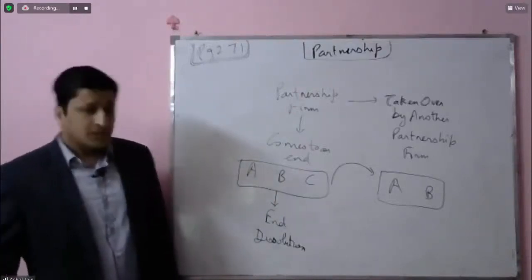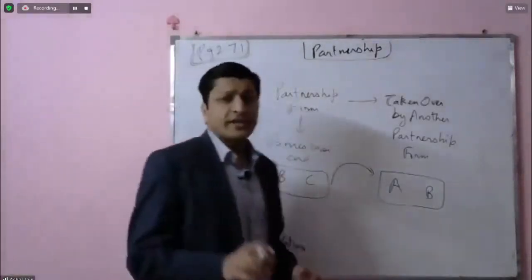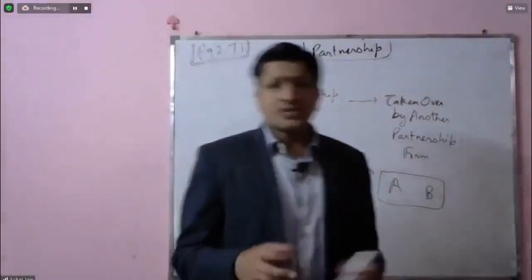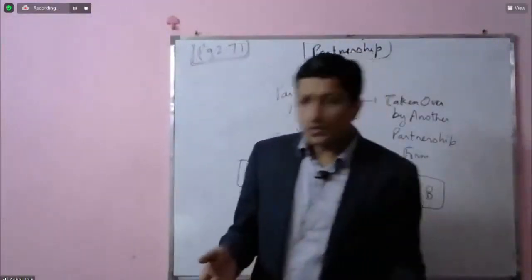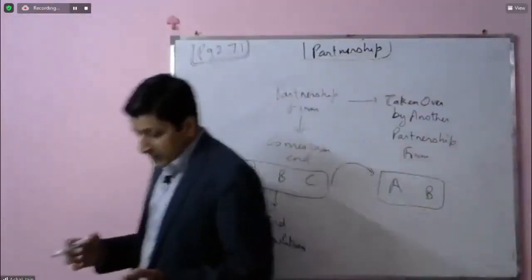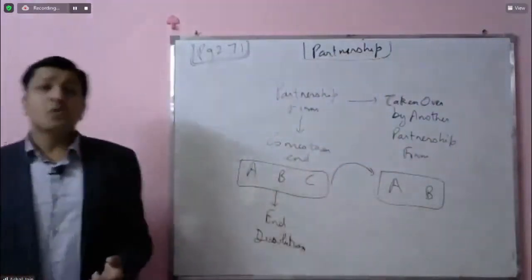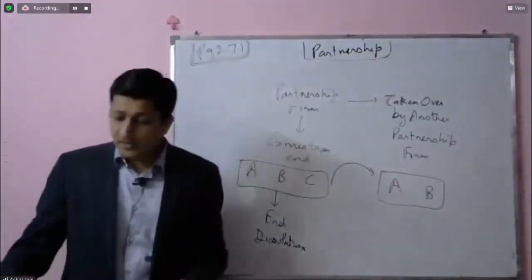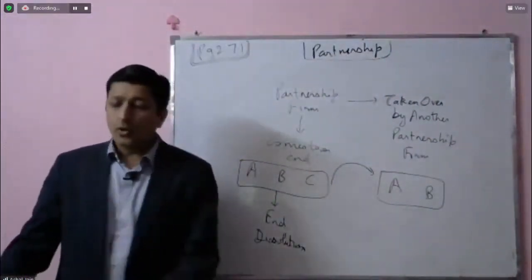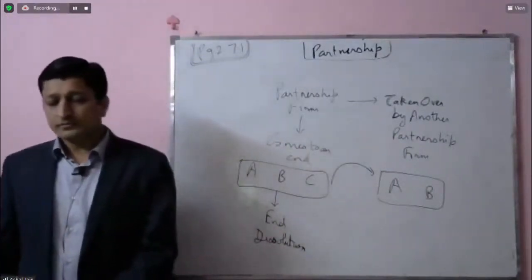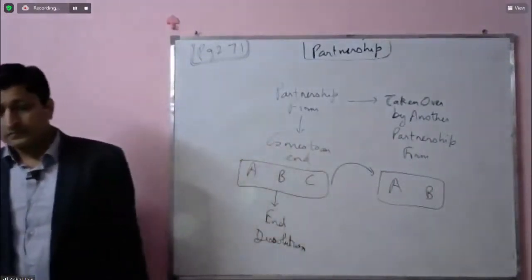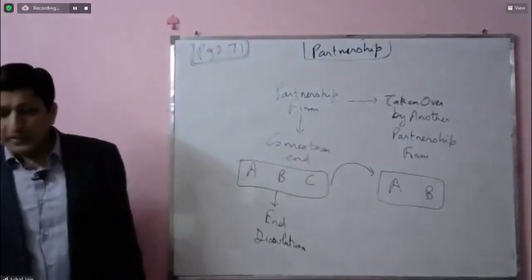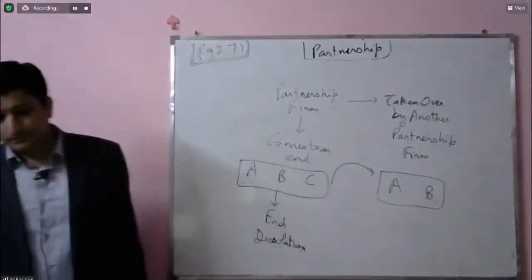As regards this new firm which is created, it will also be required to do the accounting. For this new firm, books of accounts will have to be started, which will be called as opening the books of new firm.